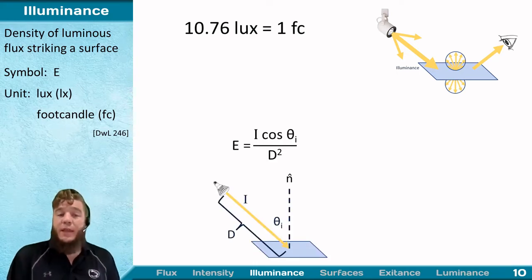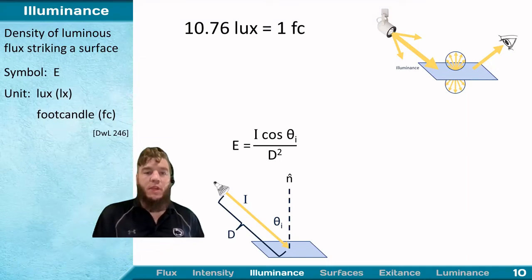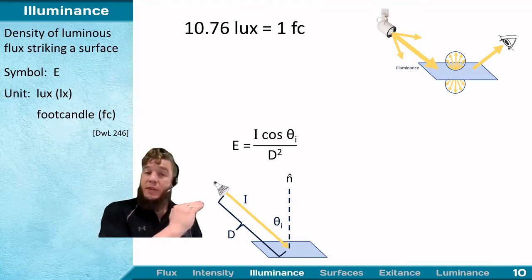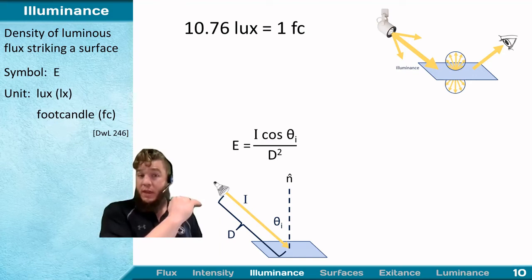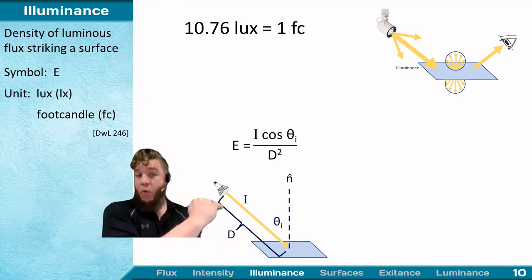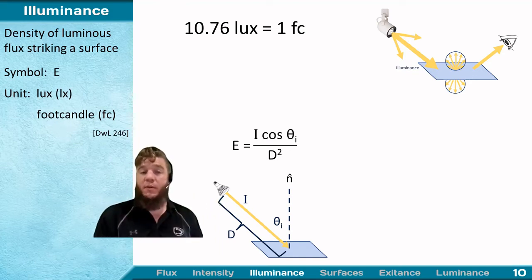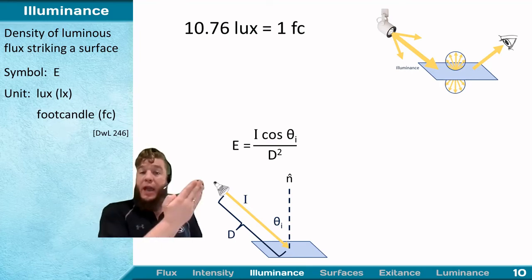So let's take a look at the core equation that we use for measuring illuminance. So here we have illuminance in terms of the intensity, right? So we have the intensity of that light source in a particular direction. In this case, the direction heading towards the surface of interest. And then we have the angle to the surface and the distance to the surface.